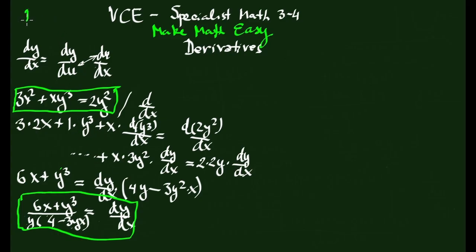So we got implicit differentiation using the chain rule.